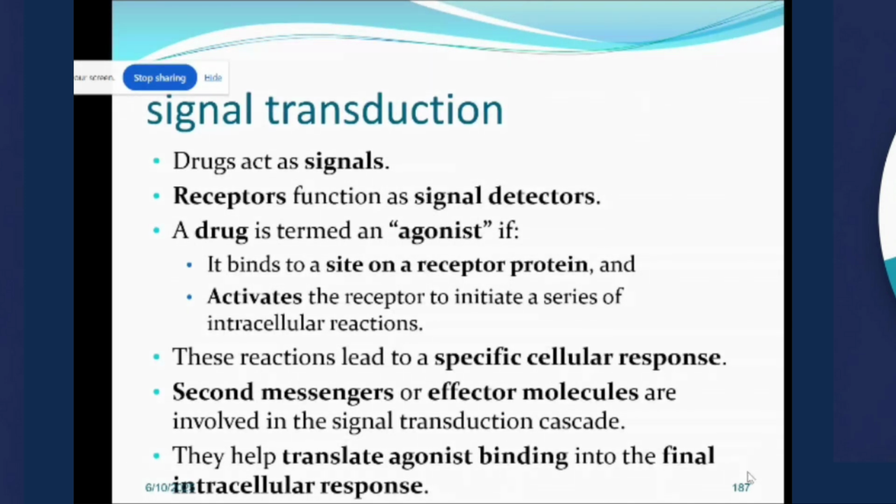The second messengers play an important role as effector molecules in the signal transduction cascade. We call it a cascade because one signal leads to another action and another action and another action until you have the ultimate action.